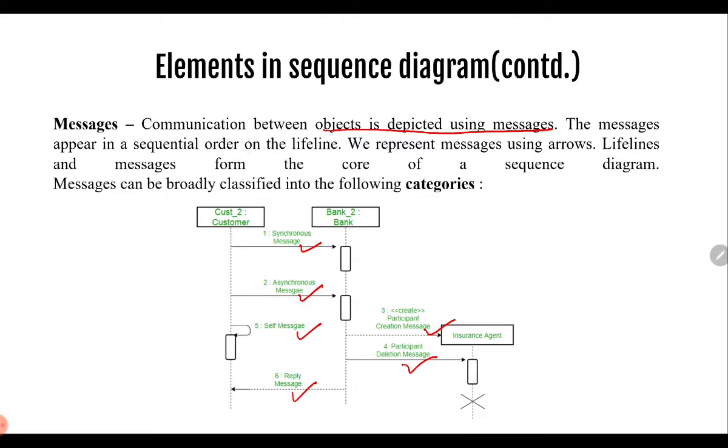They appear in sequential order on the lifeline. We have to make sure that whenever we write any type of message, we associate a sequence number with it so that we identify which message comes after which other message. So lifelines and messages form the core of a sequence diagram, and they can be classified as already mentioned.